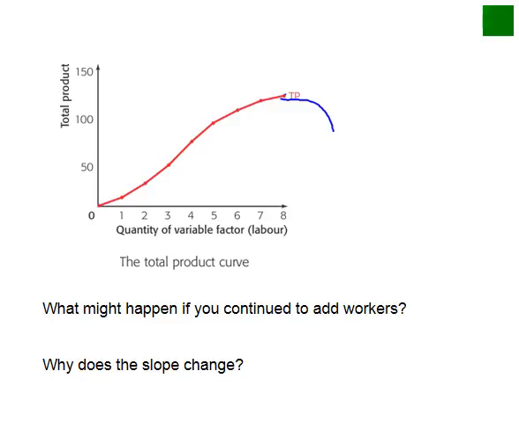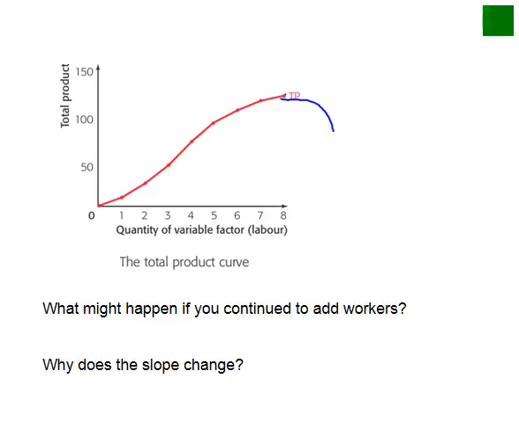Some of the groups also experienced, getting towards 8 workers, the phenomenon that at the very top, the output actually started to decrease, and this can happen as well. So what might happen as you continue to add more workers? Certainly the productivity diminishes, and in fact the total product may actually start to decline.